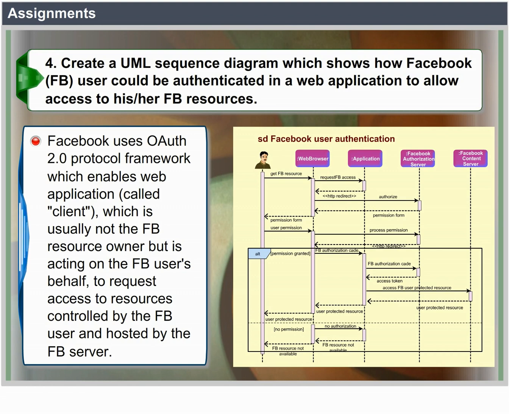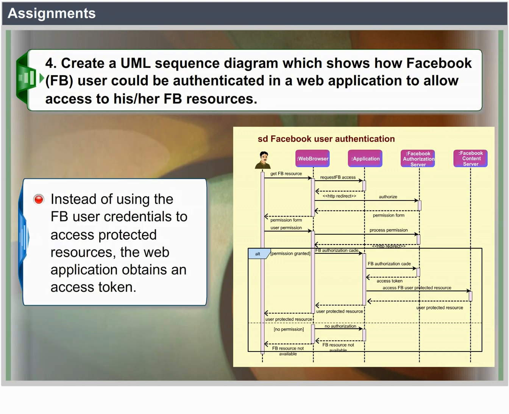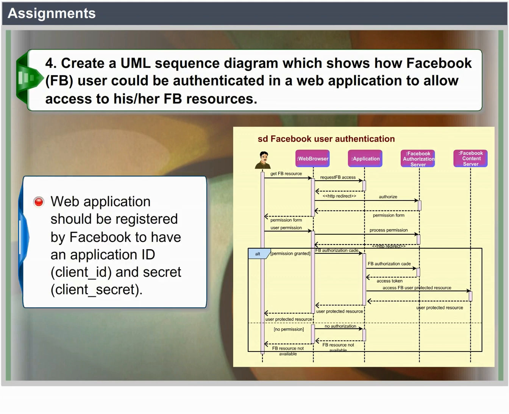by the FB server. Instead of using the FB user credentials to access protected resources, the web application obtains an access token. The web application should be registered by Facebook to have an application ID, that is client ID, and a secret called client secret.